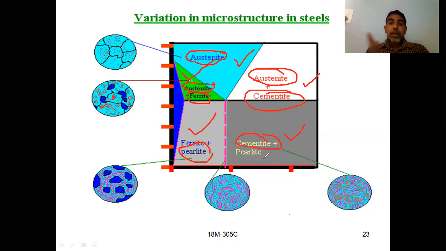Based on the percentage of carbon and the temperature, you have different variations, different structures: here one structure, here one structure, and so on. The first one is austenite, this one is austenite and cementite, this is perlite, ferrite and cementite, and this is cementite and perlite. And this one is complete here.